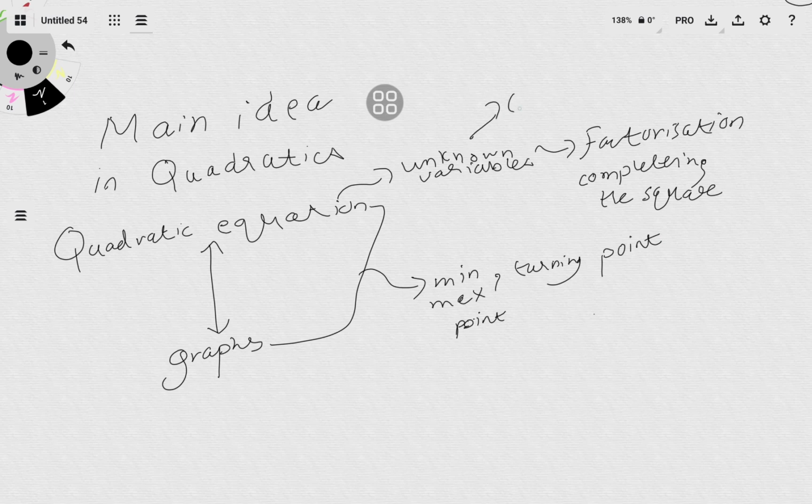And also completing the square form, discriminant, quadratic formula.